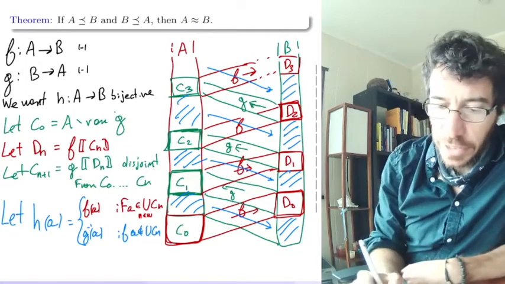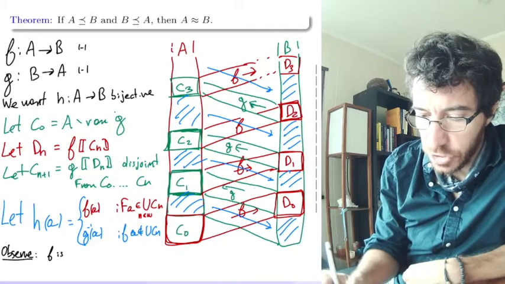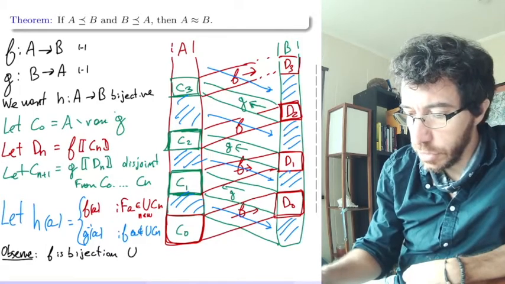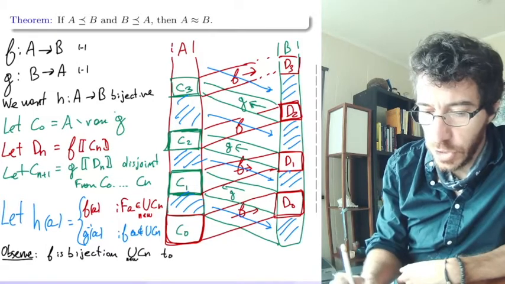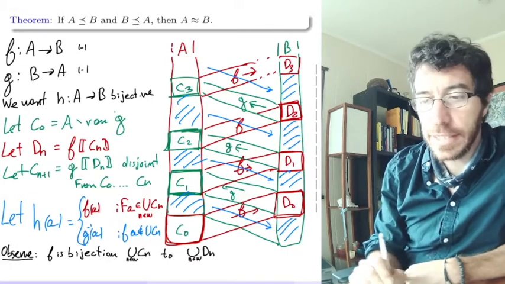So observe that F is a bijection from the union of all the Cn's to the union of all the Dn's, because that's the way we define the Dn's.